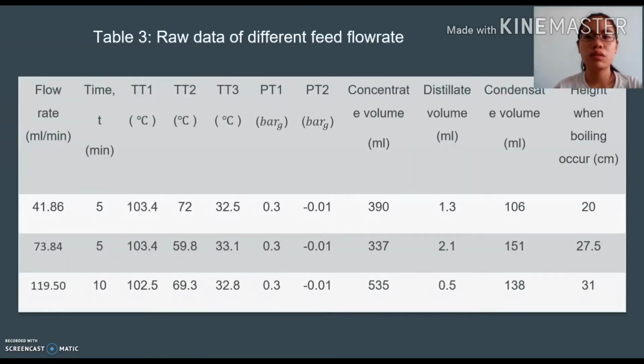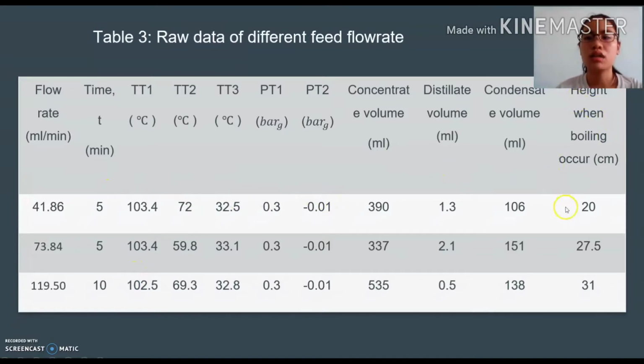So this is the raw data for the feed flow rate. At this one we fix our steam pressure and we manipulate the feed flow rate to see what is the effect of the feed flow rate on the evaporation process.